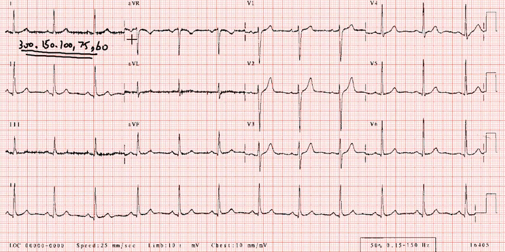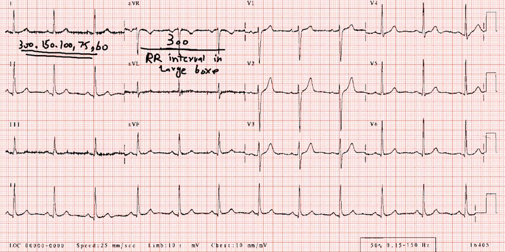The formula is this: 300 divided by R interval in large boxes, because we are going to count the number of large boxes between two RRs.